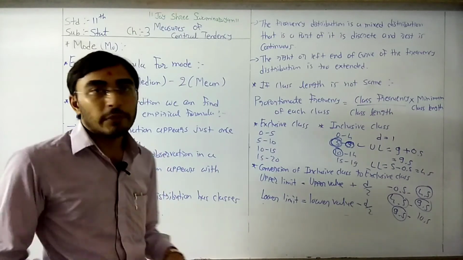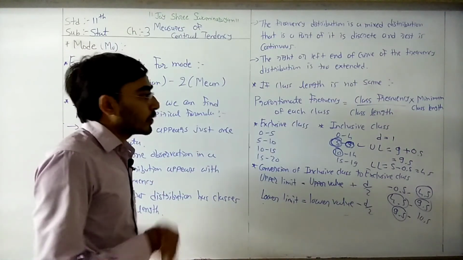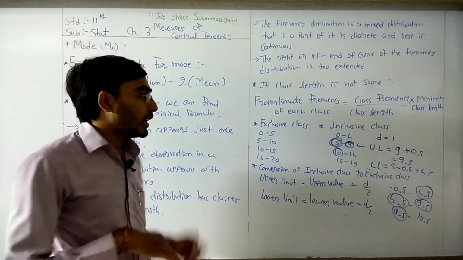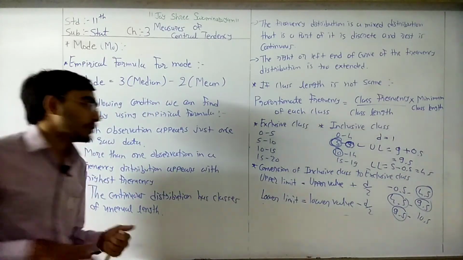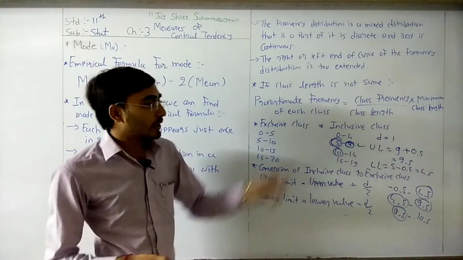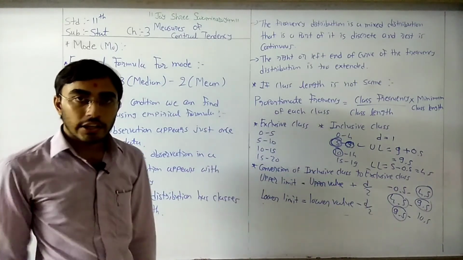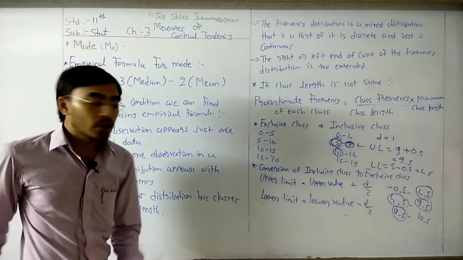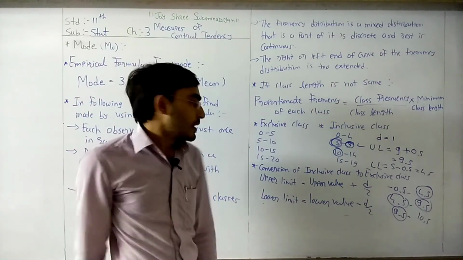Whenever we solve a sum, at that time you will understand this better. Right now maybe you cannot understand it, but in the sum I will explain and you can easily understand it. We need to apply this formula in all the classes, after that we can convert our inclusive class into exclusive class, because in median and mode we want exclusive class.